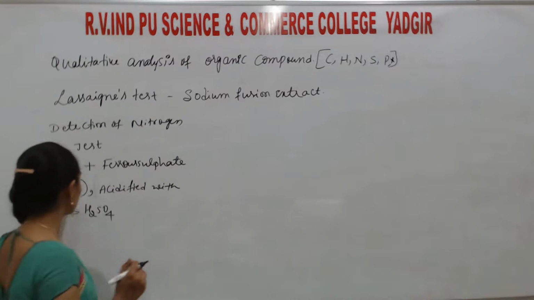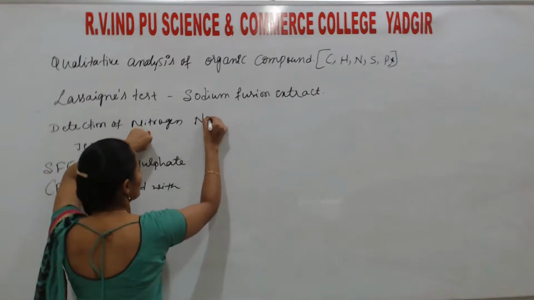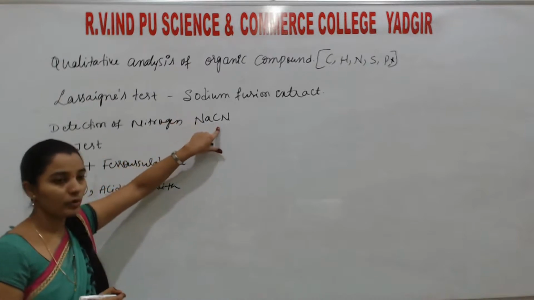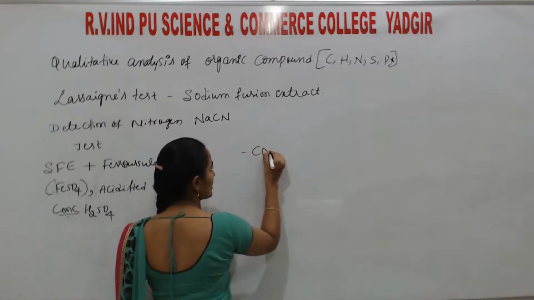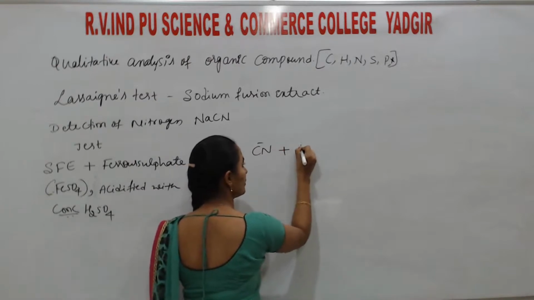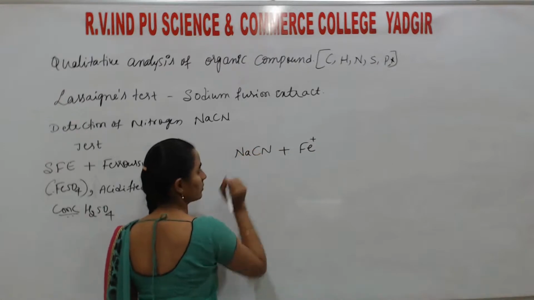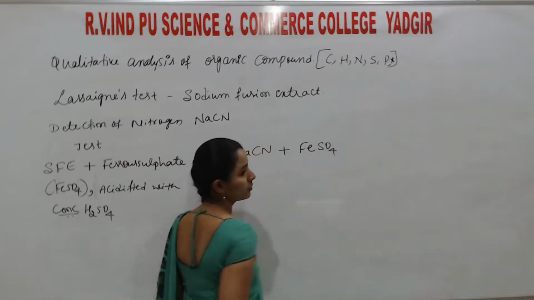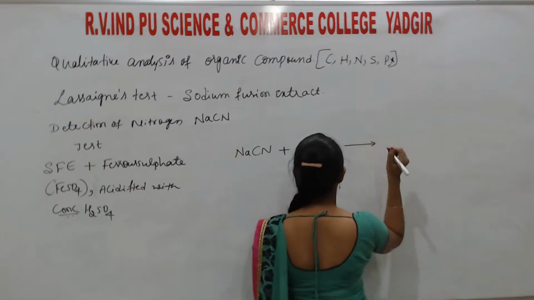Then what reaction takes place? In sodium fusion extract, if nitrogen is present, it is converted to NaCN. We don't need Na, we need only CN, so consider CN minus ions. When it is treated with Fe plus 2 ions from FeSO4, what will they form?